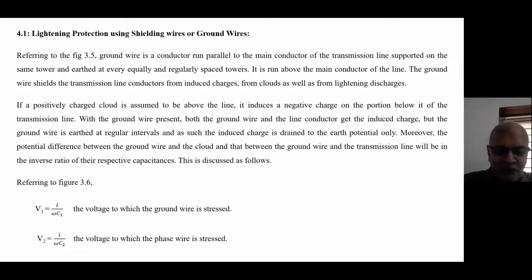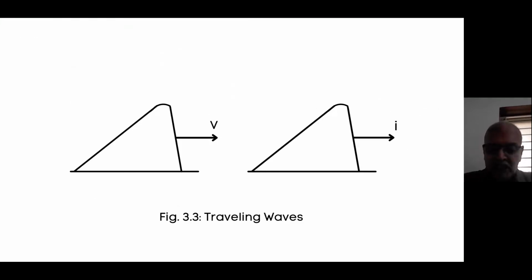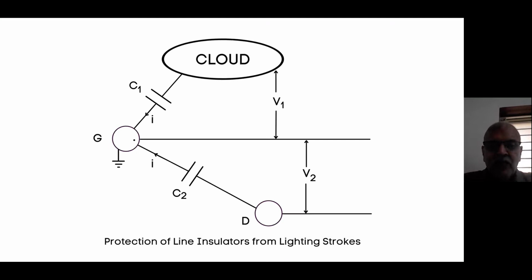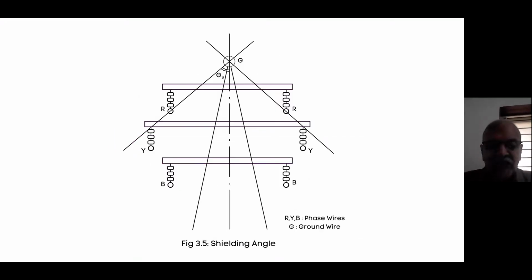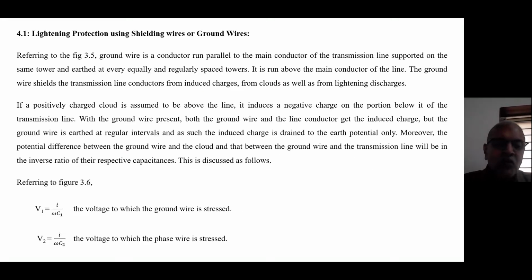And as I told you, C1 is very small and C2 is very large. So V1 C1 equal to V2 C2.